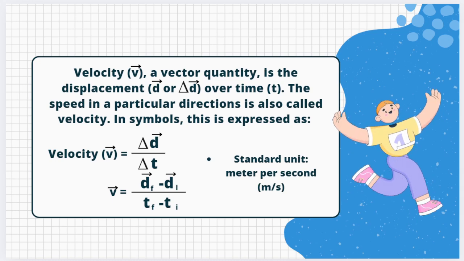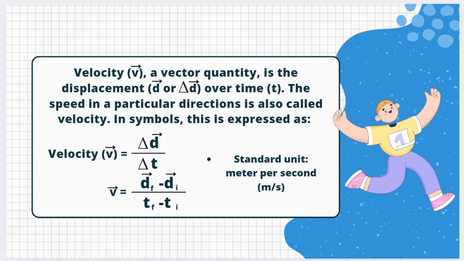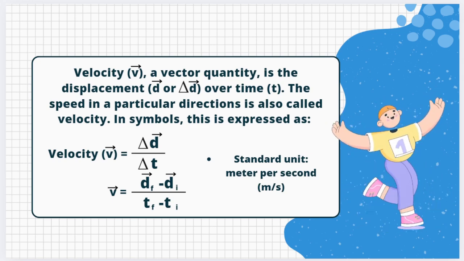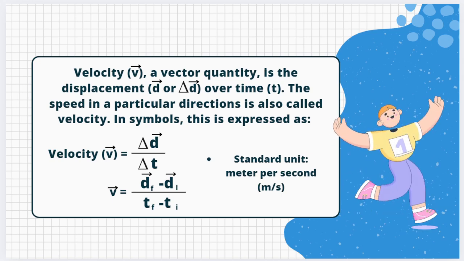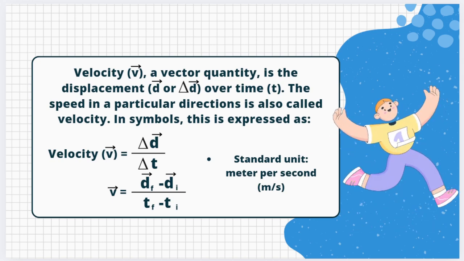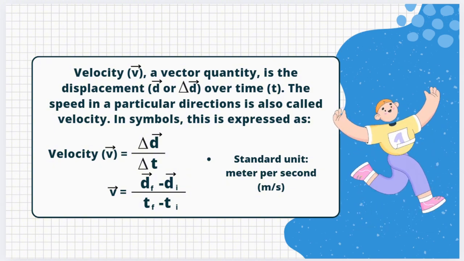Also remember that the standard unit for both speed and velocity is meter per second, or m per s. Okay po? So sabi nga natin kanina, velocity is a vector quantity. Therefore, velocity should have directions.